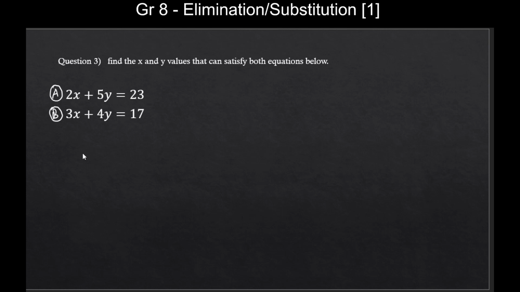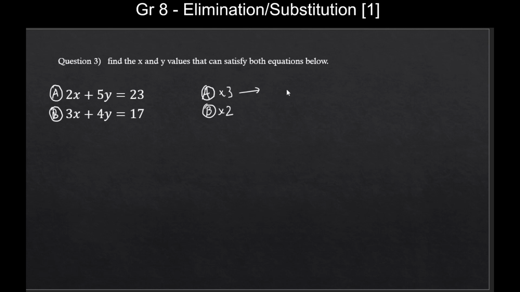What is the least common multiple of these two numbers? 6, right? So what I'm gonna do is multiply equation A by 3 and also multiply equation B by 2.